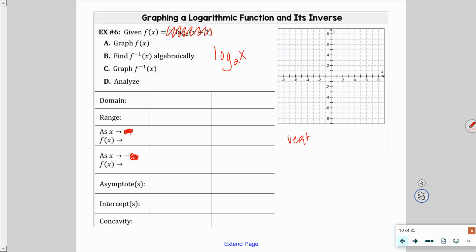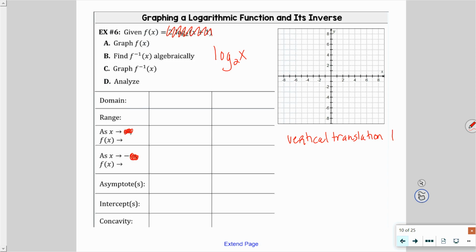Let's do a vertical translation of 1, right? Because some of you guys had questions when I used that notation on your quiz. You're like, is it up or down? If I give it to you as a positive, it's up, right? If I give it to you as a negative, it's down.